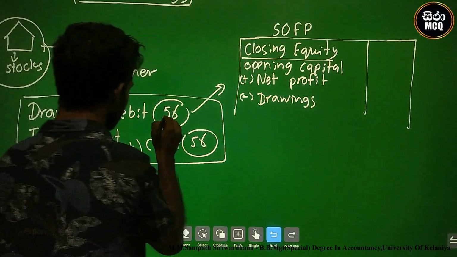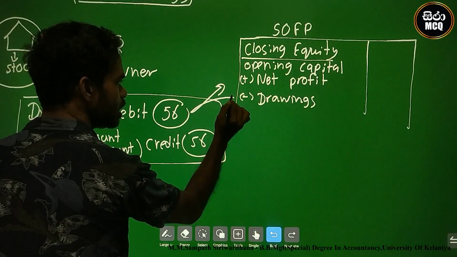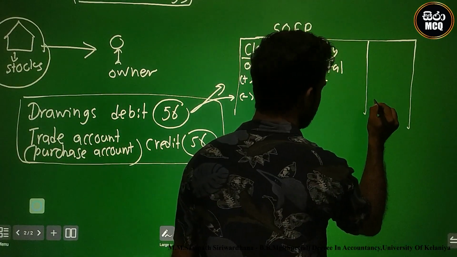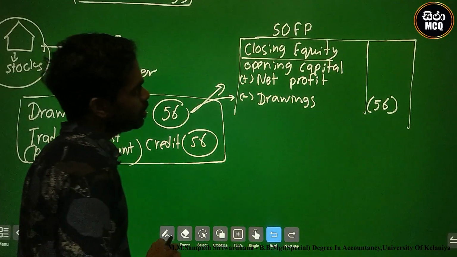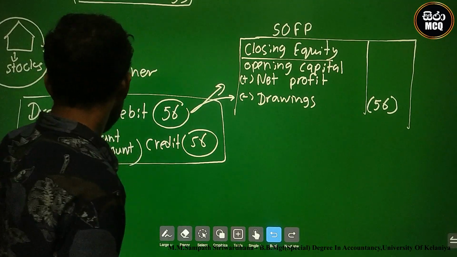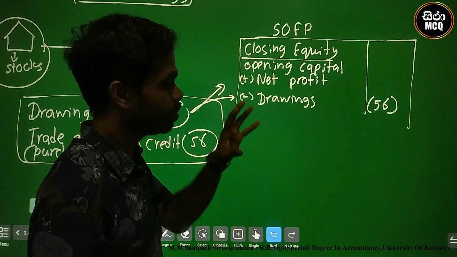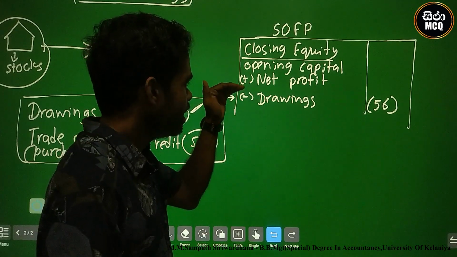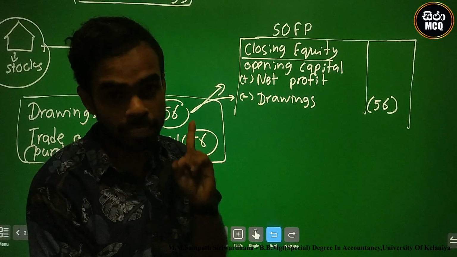The 56 is related to the SOFP, a 56 deduction. This is the SOFP impact of this debit short. You can think there is no impact of the debit short on the income statement.